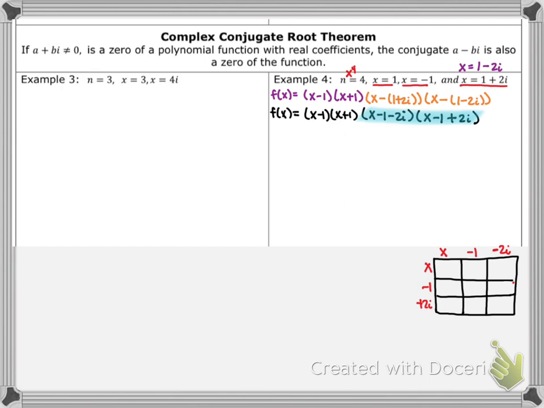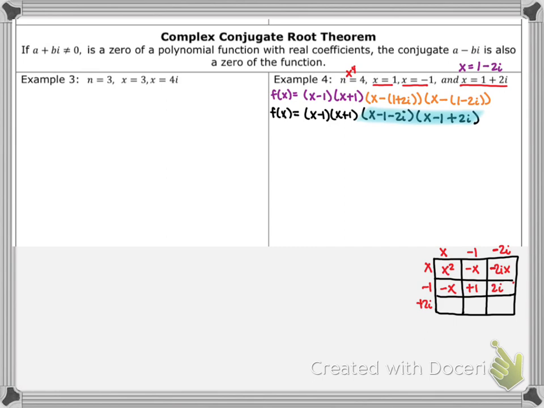Now I'm going to go ahead and multiply in here. So x times x, x squared. X times -1, -x. X times -2i is -2ix. Next row, I get -1 times x. Again, -x. -1 times -1 is a +1. -1 times a -2i is 2i.